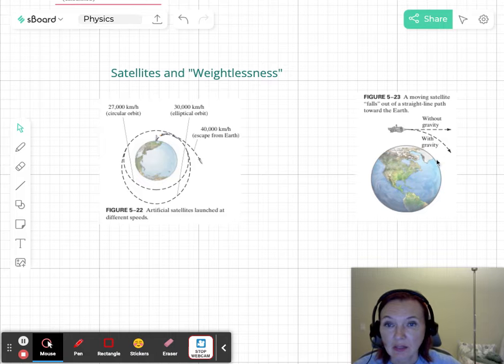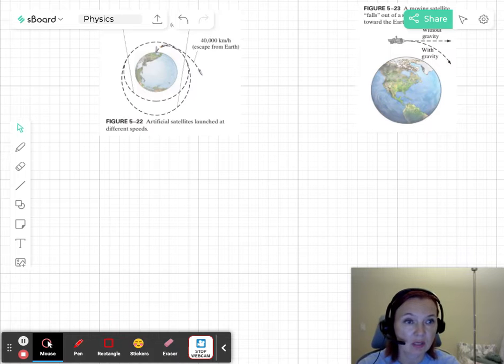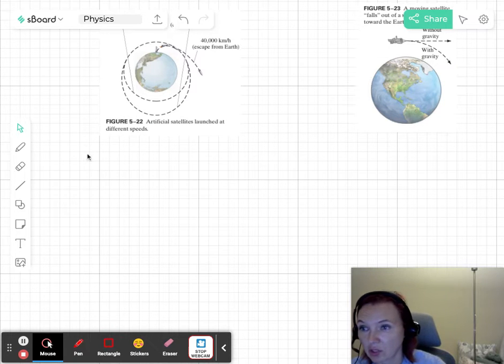For the satellites, we're going to look at satellites that move in a circle. If they move in a circle, the acceleration is the centripetal acceleration, which we remember is v squared over r.